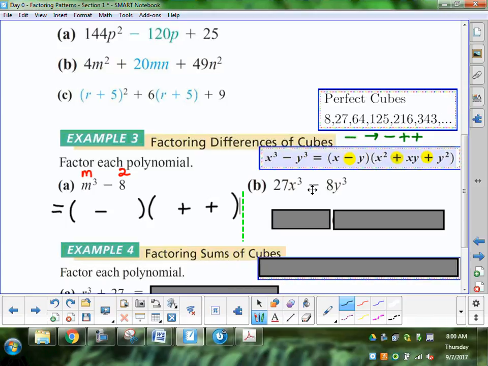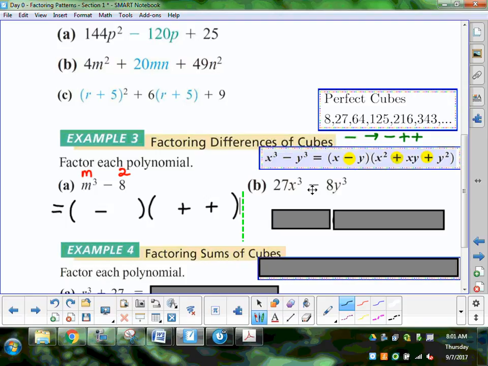Now, the way that this gets done is it goes left minus right. So what's the binomial factor going to be? Take a guess as to what you think that binomial factor would become. Perfect.